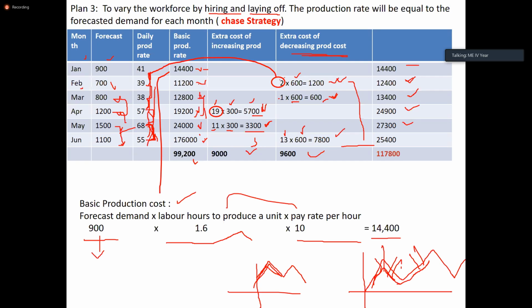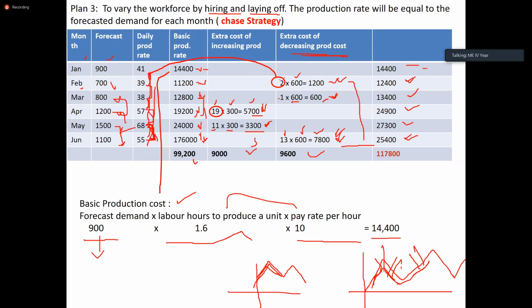And in the last, demand suddenly reduced. When it reduced, you removed some employees. That's why the amount you spent here, production rate cost and incurred cost, is 7,800. When you sum this value and this value, you will get this value.